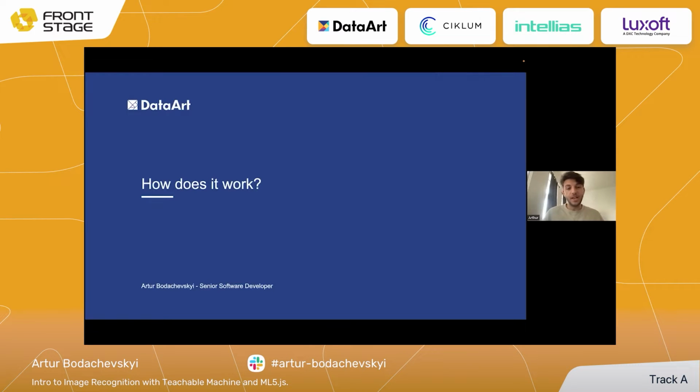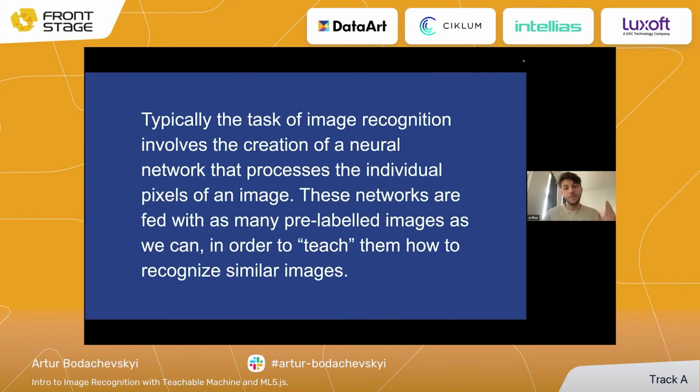If you take a look at an example, typically the task of image recognition involves a certain neural network that processes the individual pixels of an image. These neural networks are fed with as many pre-labeled images as we can in order to teach them how to recognize similar images.